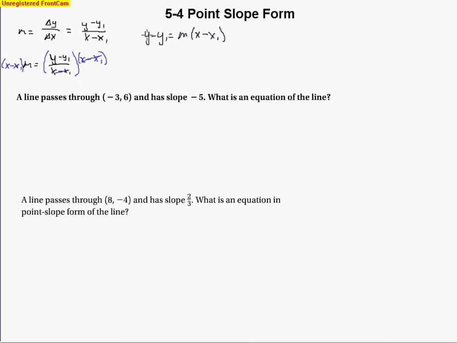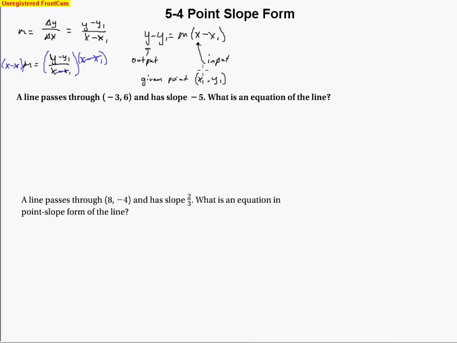We still have the y value, which is our output, and the x value, which is our input, and we don't put anything in for those two numbers, but we do put numbers in for x1 and y1. We're given a point, and this given point is going to be our x1, y1, and we substitute that point into this equation.